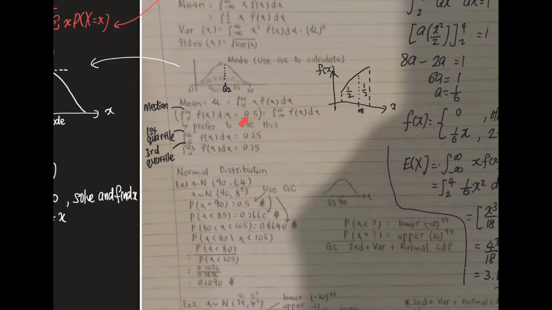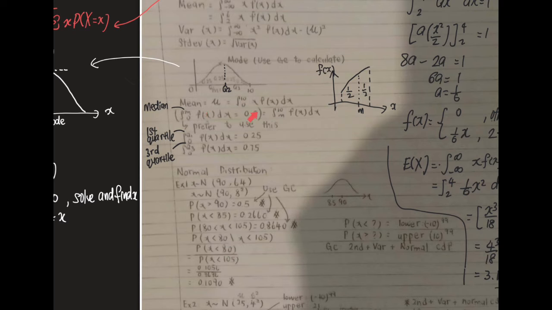If you integrate from Q2, the median, all the way to the right, the maximum x value, 10. So Q2 to 10, the area on the right is also 0.5. So you can put it in this way, in general.